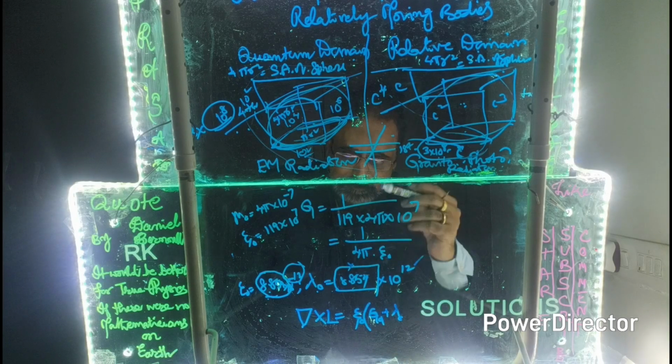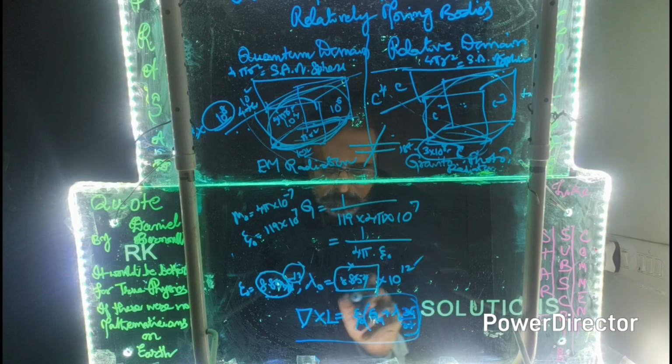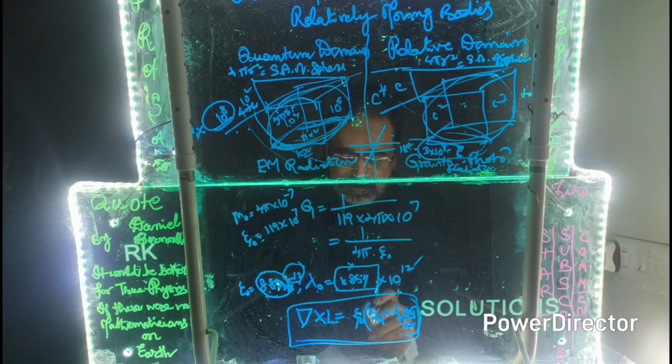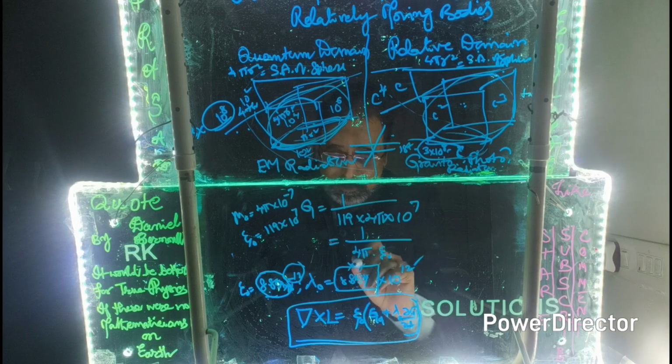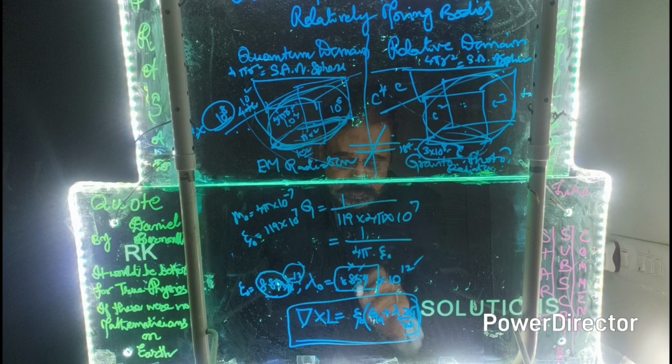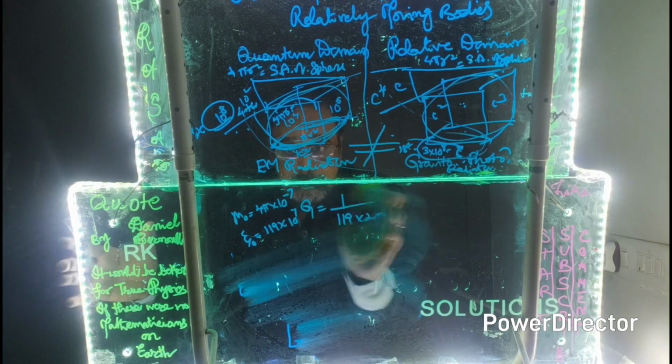This I am sure will be inverse, and then dou G by dou T. It should be in this form, that I am sure. But the only thing I am not sure about is this. That value would change to something else. I am working on it, and we'll see if we can succeed in getting the value of this. Okay. So as far as this is concerned, I think we are done here.